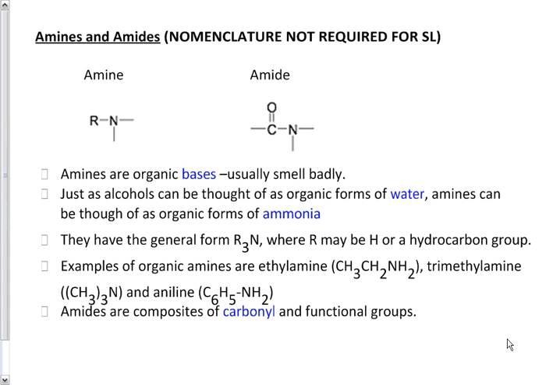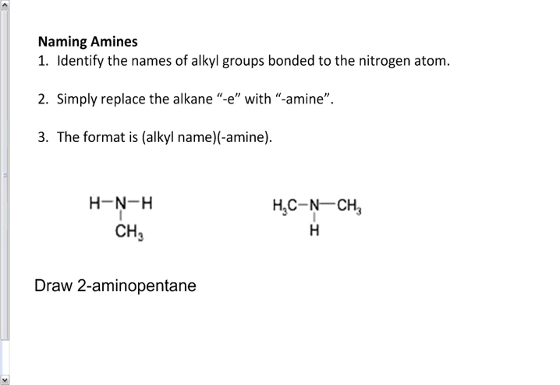You can look at the notes here and figure out what you want to write down from your naming packet, but what I would like to focus on in the video here is just how to name them. Now, in terms of naming amines, you're going to change the ending to amine.